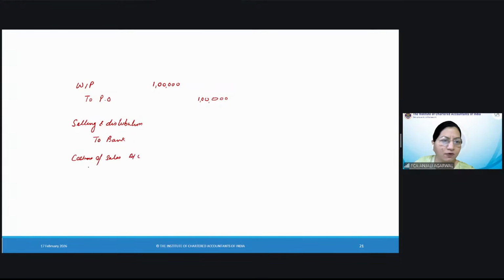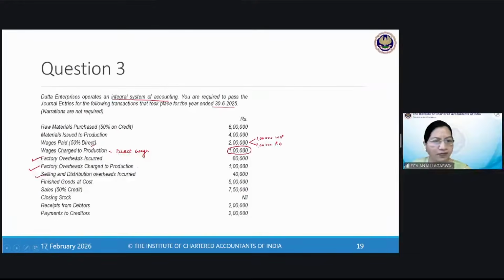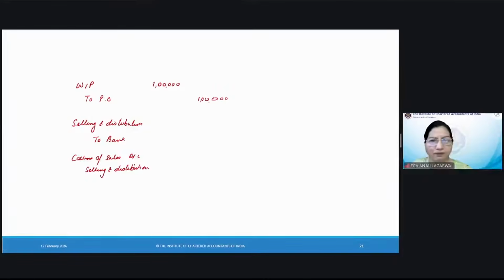So we'll assume no under or over absorption. So selling and distribution is 40,000, no under absorption and no over absorption, which moves to cost of sales completely.